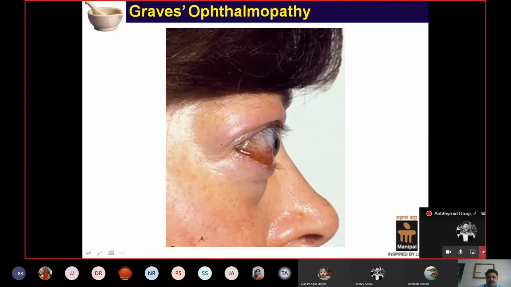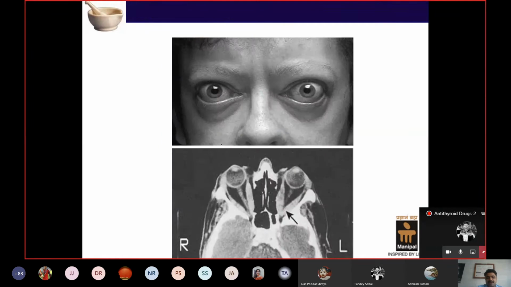So this is a typical ophthalmopathy, a typical feature of Graves' disease, apart from other hyperthyroidism conditions. And this is a scan of the same patient. The periorbital muscle has been thickened, so the eyeball comes a little bit outside. The eyelid may not close properly, so there will be other ophthalmic problems also.